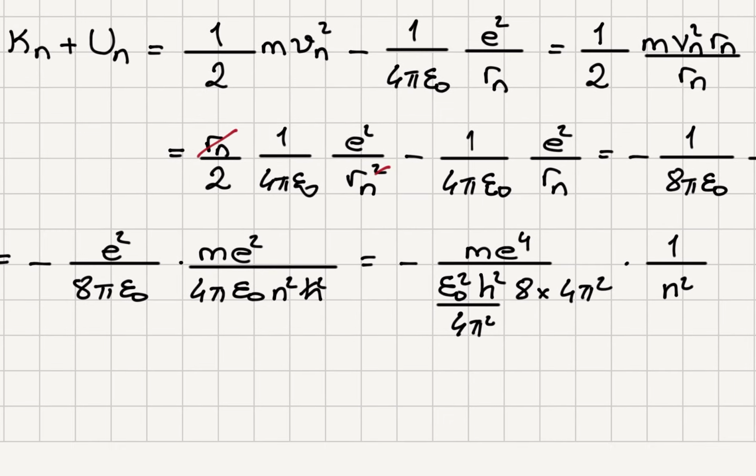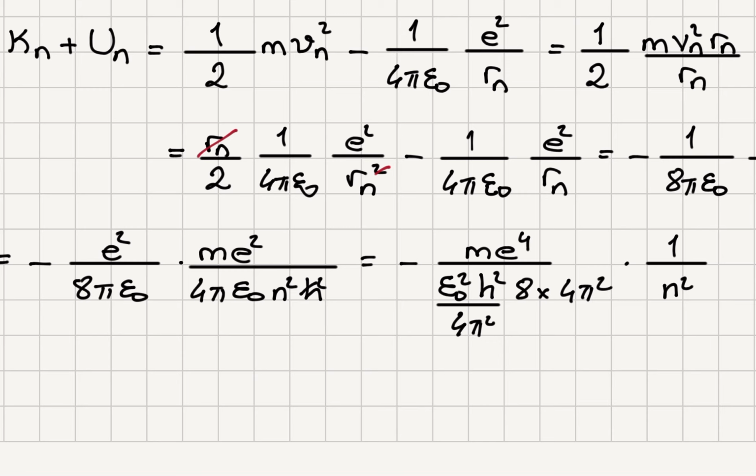So here epsilon 0 squared, h bar squared is h squared over 4 pi squared, 1 over n squared is here, and here I have epsilon 0 squared, 8 pi times 4 pi is 8 times 4 pi squared.